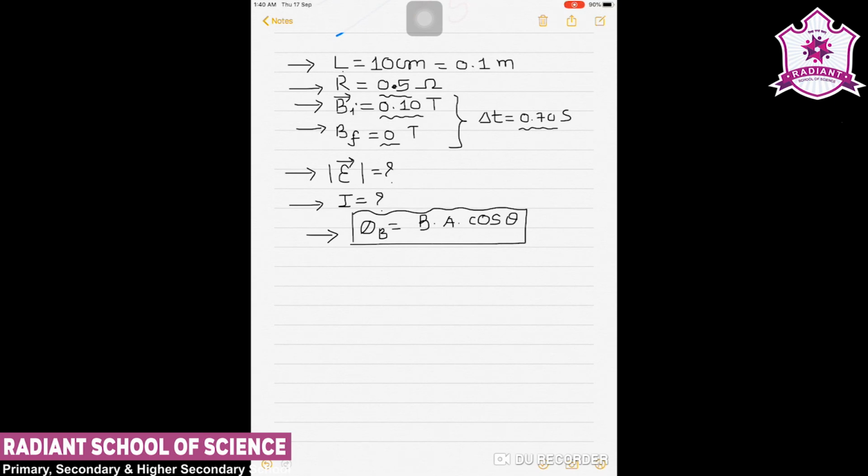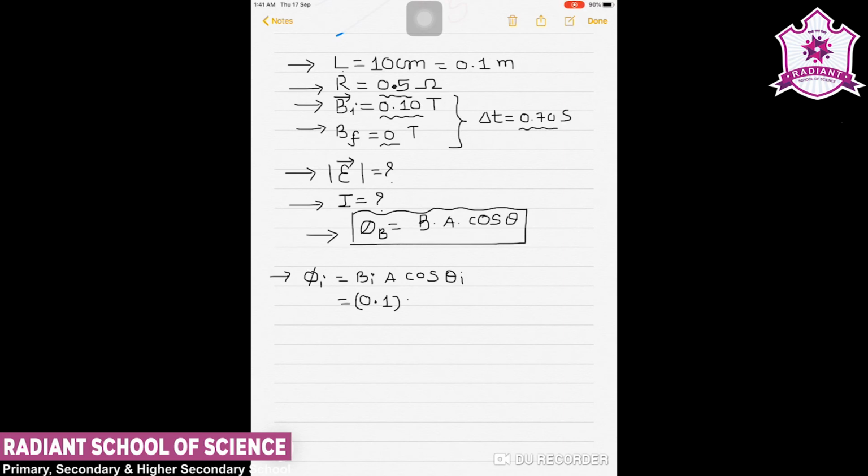So first we say that phi I, for the initial value, will be B I A cos theta I. B I is given as 0.1, and the angle is given as 45 degrees.